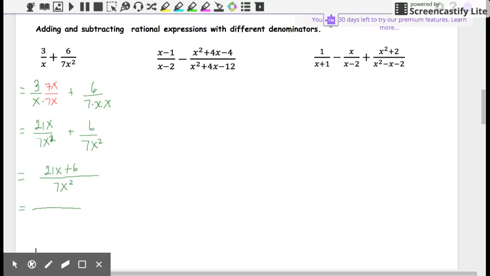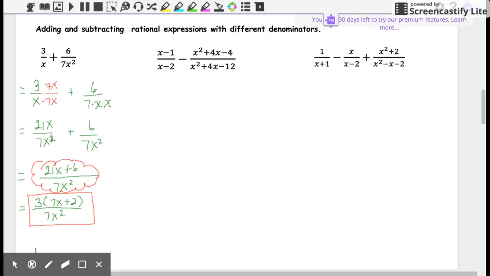In the numerator we can factor out a 3, and this will be 3 times 7x plus 2 over 7x squared. We notice that we cannot cancel anything because they don't have any common factors, so we stop right here. We can actually consider this as the final answer, but if you factored to attempt to simplify, we can stop here too. Either one of these is a possible final answer.